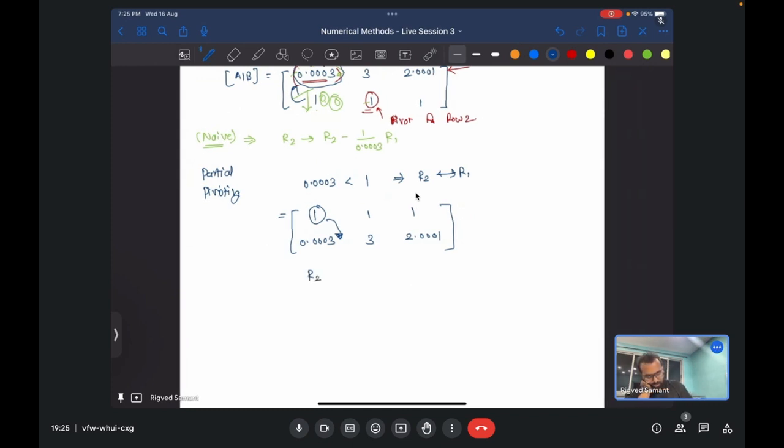R2 dash is R2 minus 0.0003 into R1. So this will be 0.